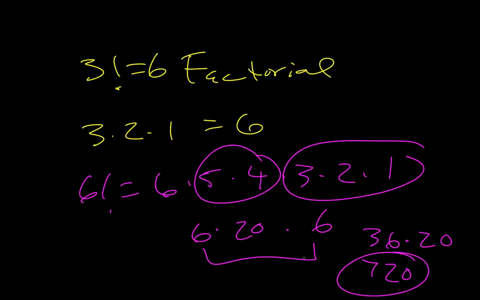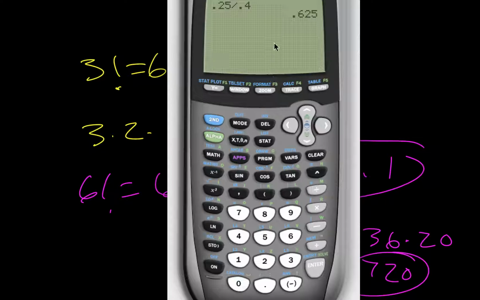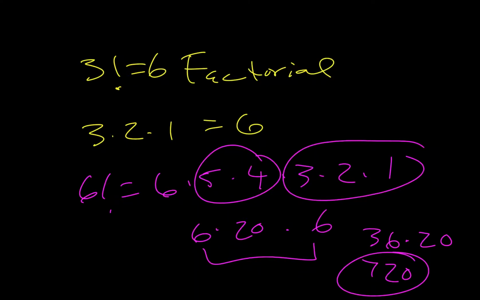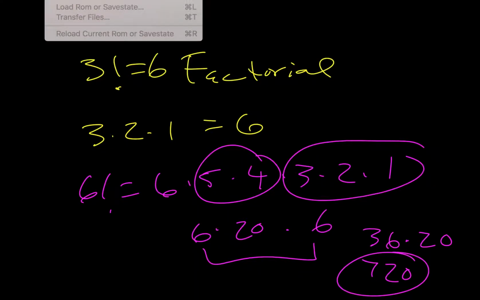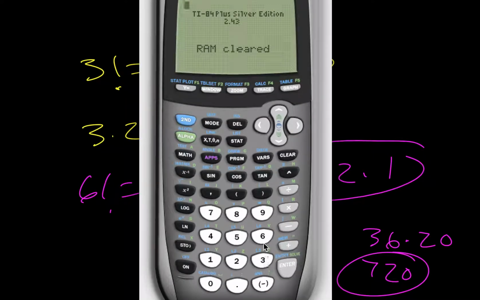Obviously, feel free to use a calculator if you want to do that. And you can just do 6 times 5 times 4 times 3, 2, 1, and see, we got 720.